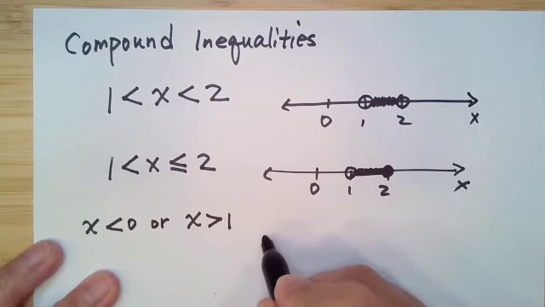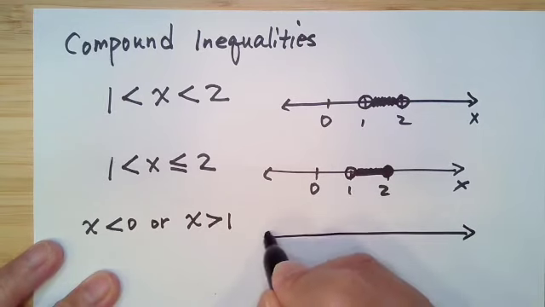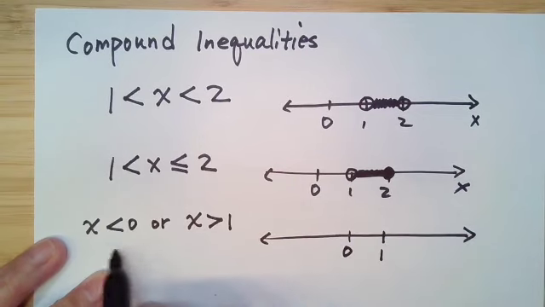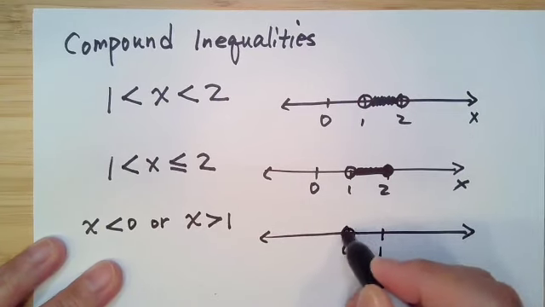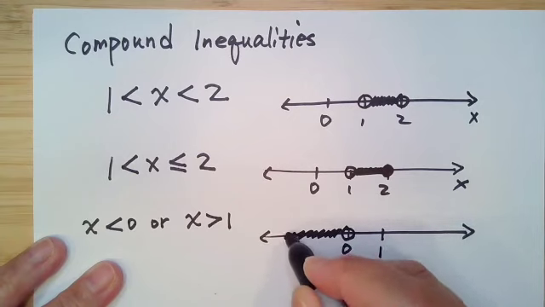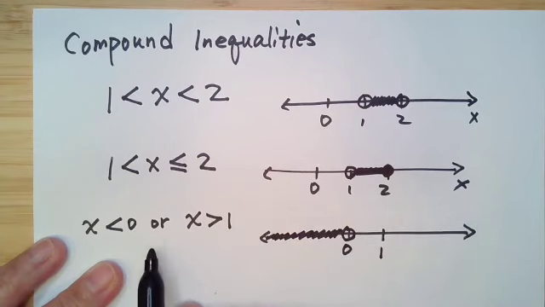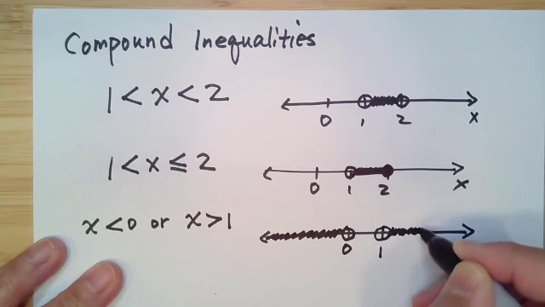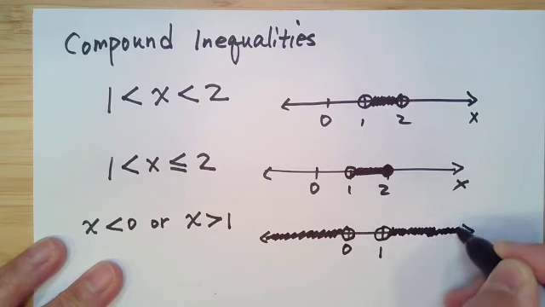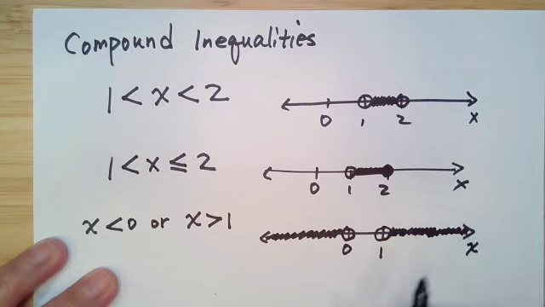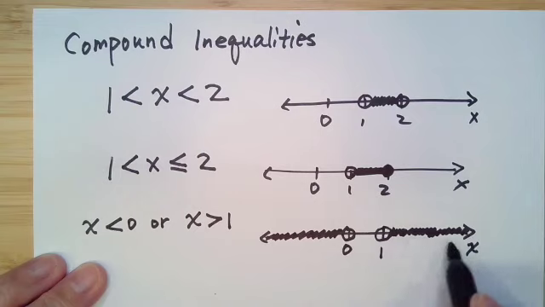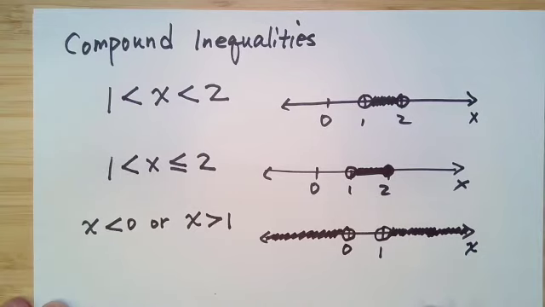When you draw that on the number line, here's a 0, here's a 1, then x is less than 0, which is here, or x is greater than 1. So x must satisfy either this or that condition. This is called a compound inequality.